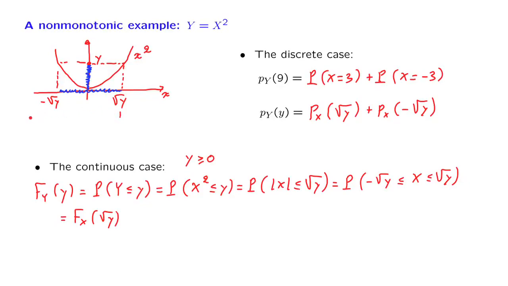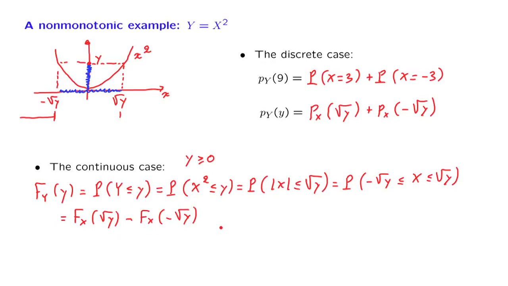But from this we need to subtract the probability of this interval, and that would be the CDF of the random variable X up to the point minus square root of y. So we now have an expression for the CDF of Y in terms of the CDF of X.